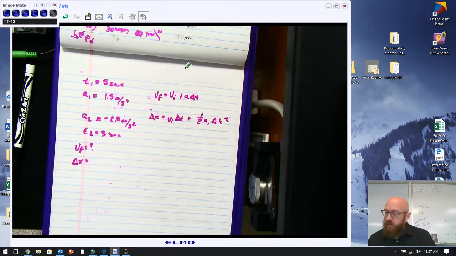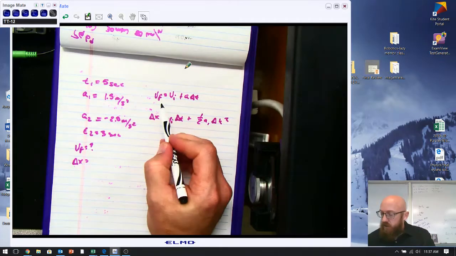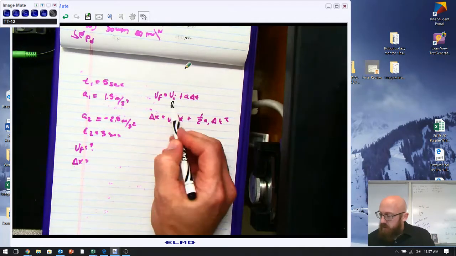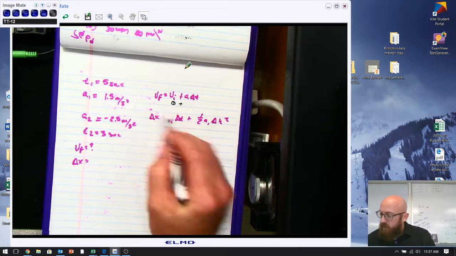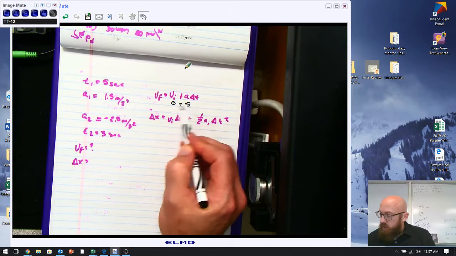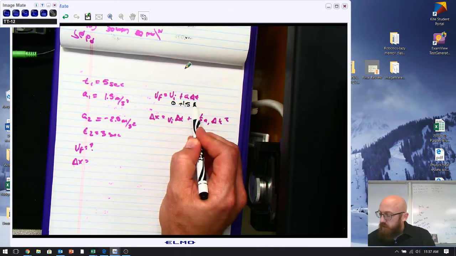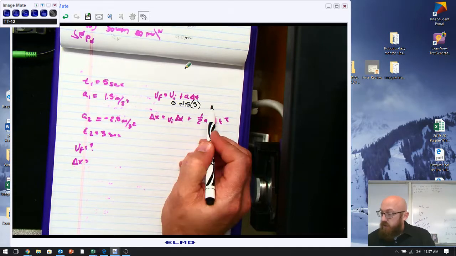Now the good news about this equation is you can sit and plug everything in. For the first interval, VI is 0, acceleration is, excuse me, 1.5, and time is 5 seconds. So you get 7.5.